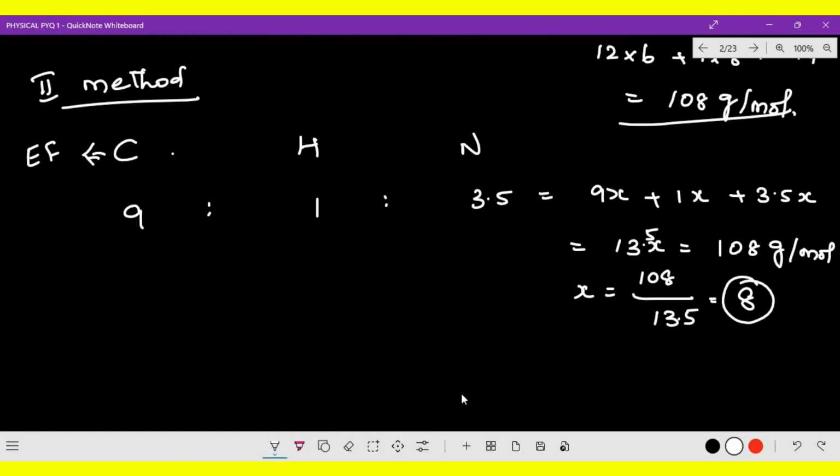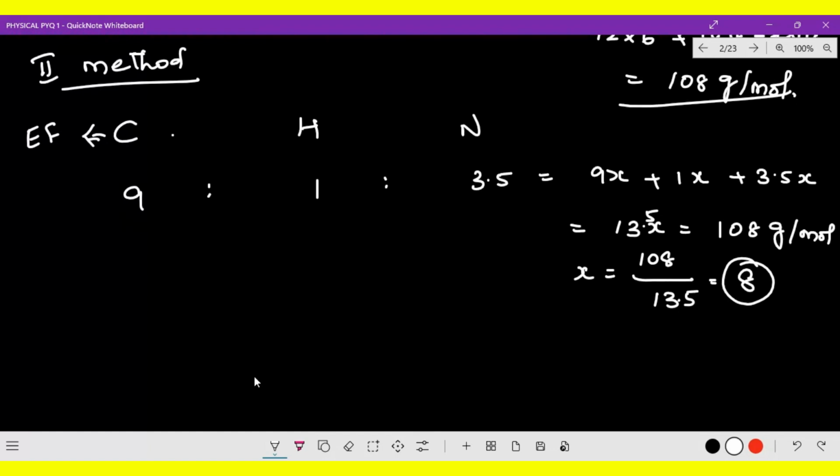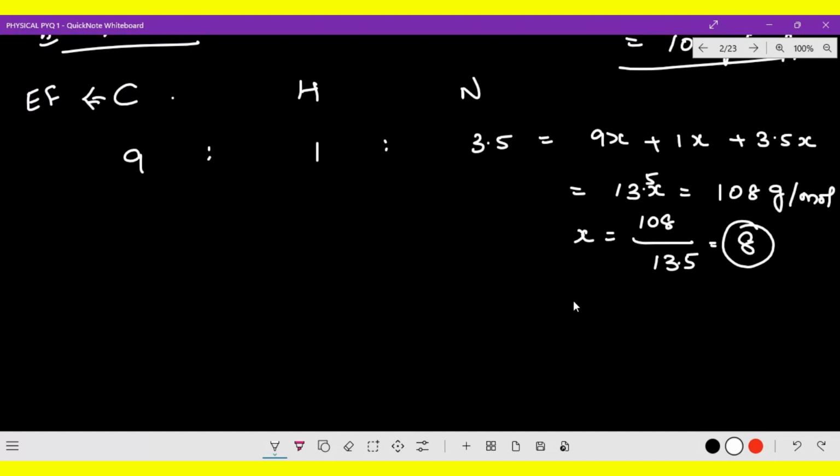Now what we have to do, we apply x equal to 8. So 9x, 1x, 3.5x, we just apply this. So 9 into 8 plus 1 into 8 plus 3.5 into 8.